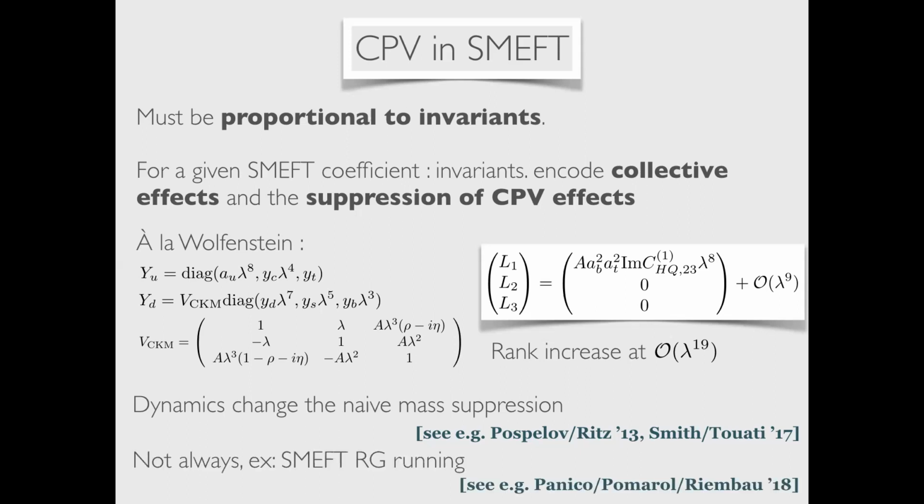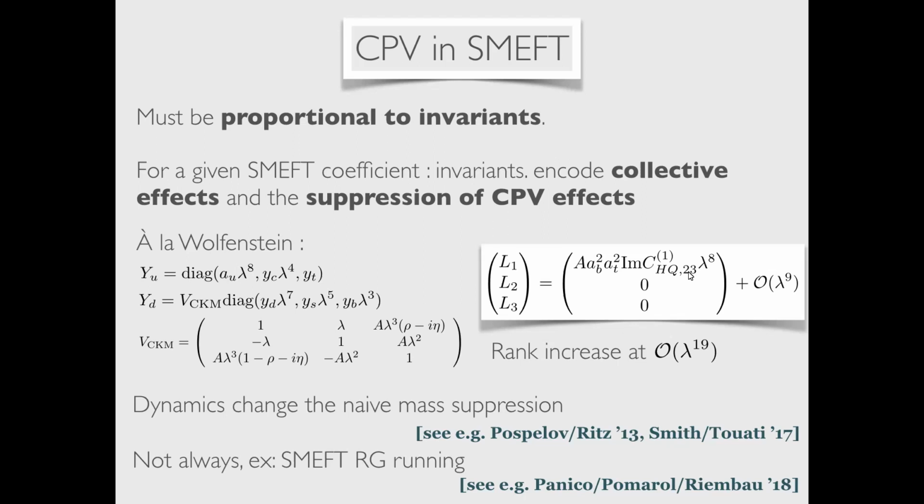For instance, if you compute the RG running, in this paper, these authors computed the contribution to the running of the electric dipole moment of the electron from the SMEFT operators. So if you look at the leading log contribution, all the Yukawas enter as coupling vertices, and the suppression you work out here is actually correct.